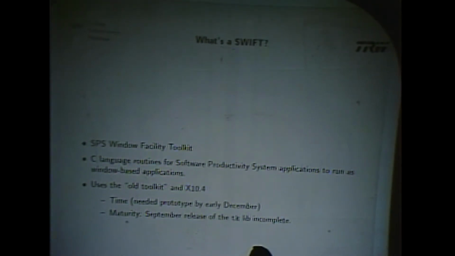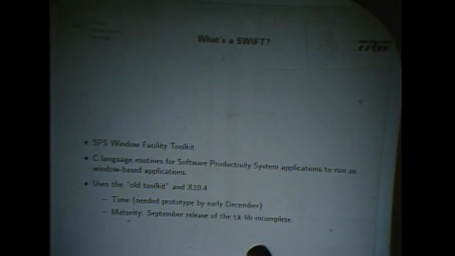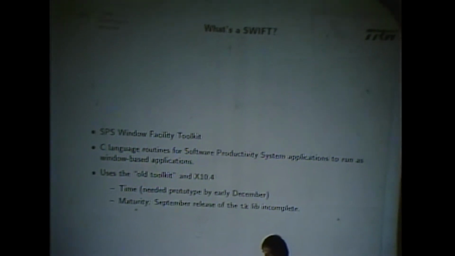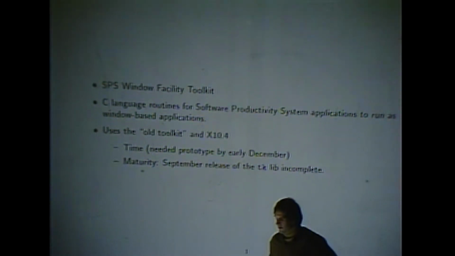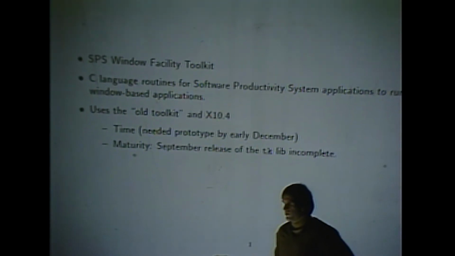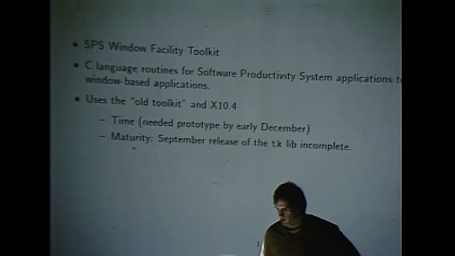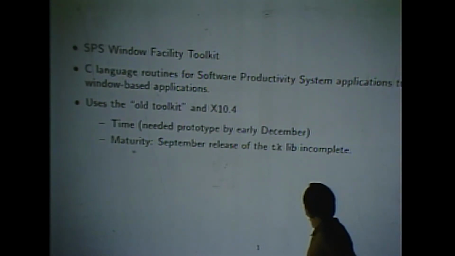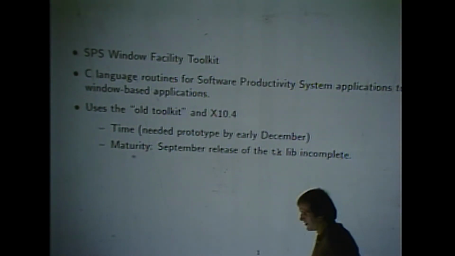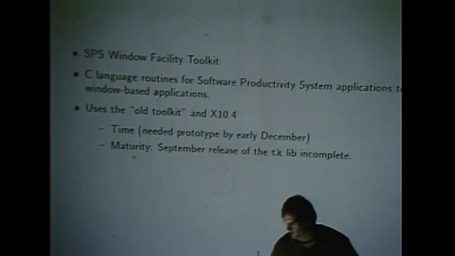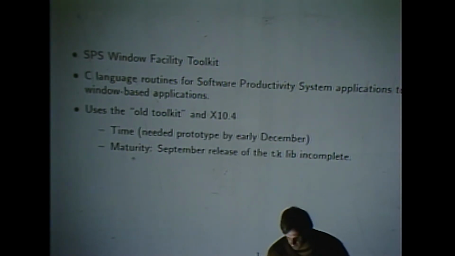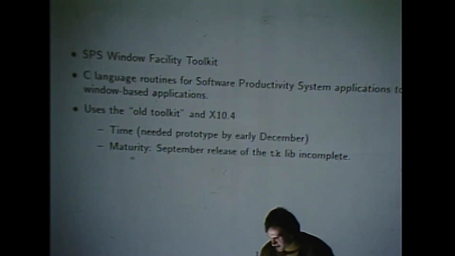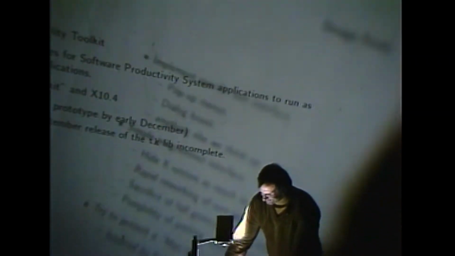This past year, since we were starting to migrate over to Sun workstations and other workstations, we decided it would be nice to take our applications and get them to run more or less as windowed environments rather than on vanilla terminals running under curses, which is the way they were originally written. Because of the time and the way that X11 was distributed, it was necessary to use the old toolkit and run it under X10.4. Obviously, the next step is to go to X11.